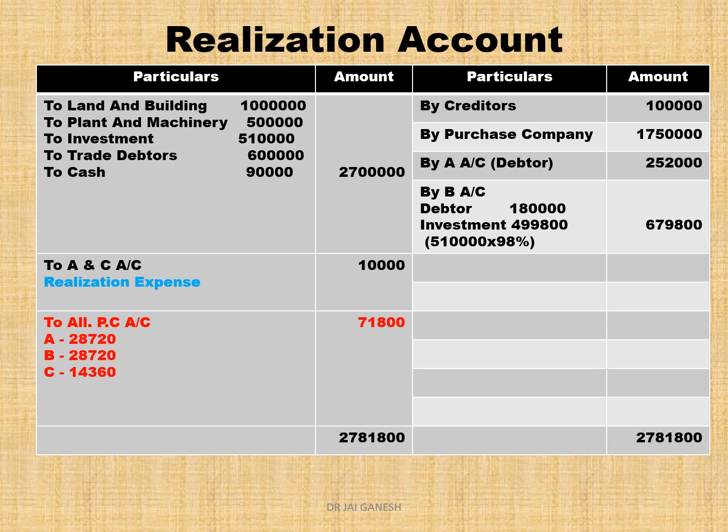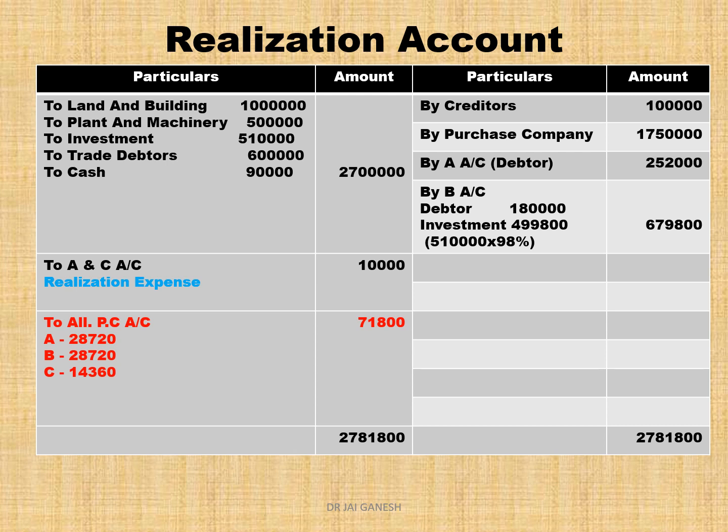Transfer the only liability we have, creditors. Creditors are taken over by the company. So transfer the creditors from the liability side of the balance sheet to the credit side of the realization account.